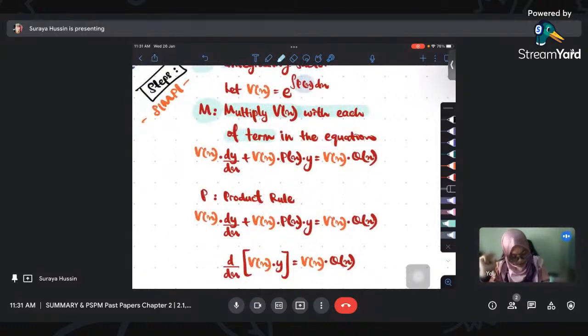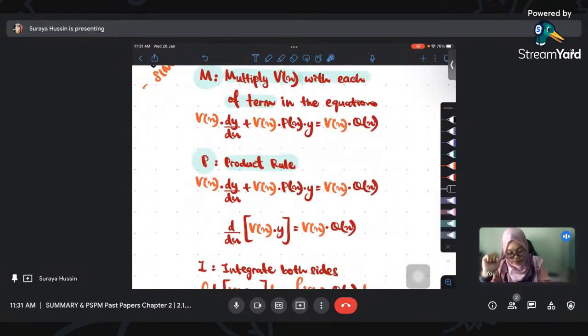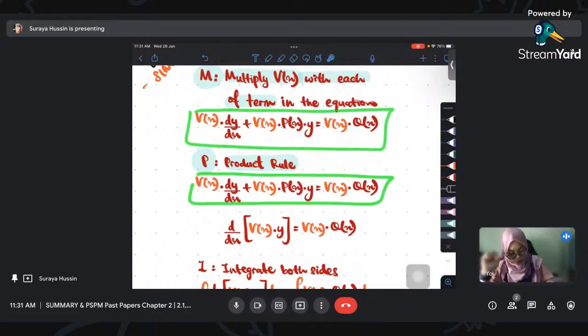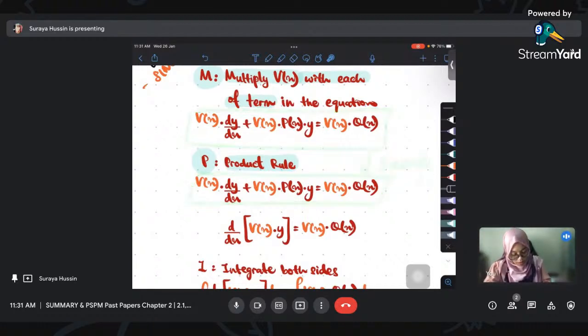And then next step is product rule. Product rule ni datang daripada sini. Ni sama je. These are just the same thing. Okay, ni sama je, okay? It's the same thing. Apa yang specialnya product rule? Mana datang product rule ni, Miss?